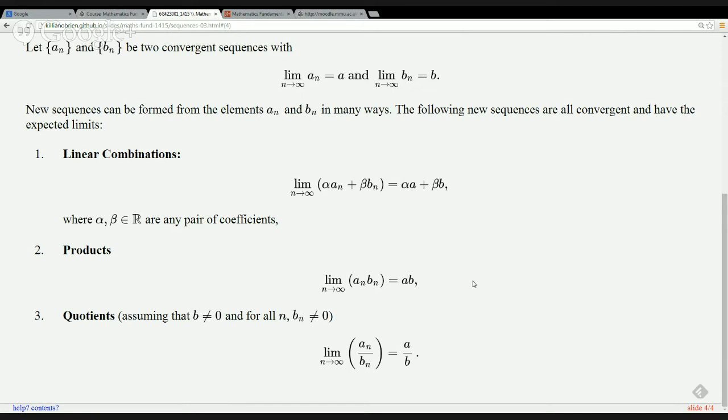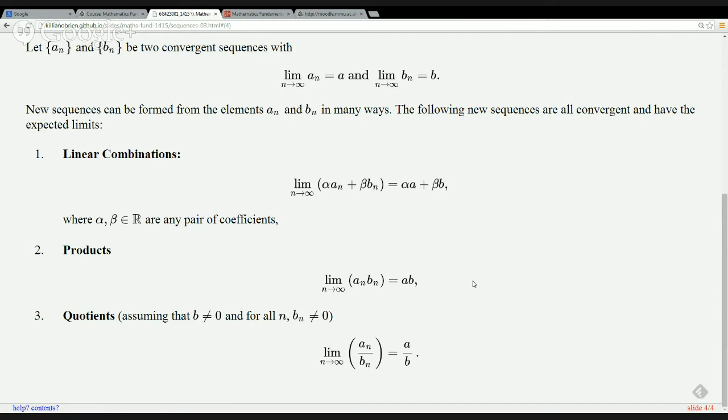If I just chose epsilon, then this quantity over here would end up being the absolute value of alpha times epsilon plus the absolute value of beta times epsilon. But I just want epsilon on the right-hand side. So I want to fiddle with these values so that when I plug them in here, I just get epsilon.